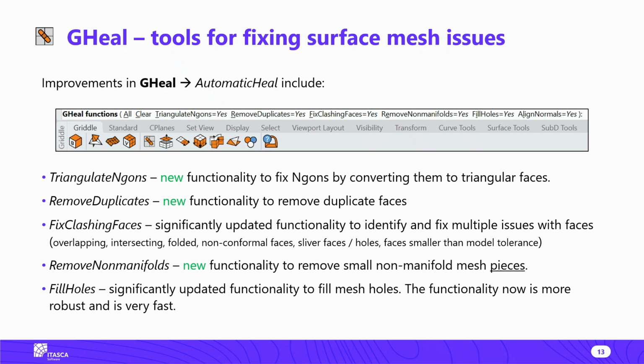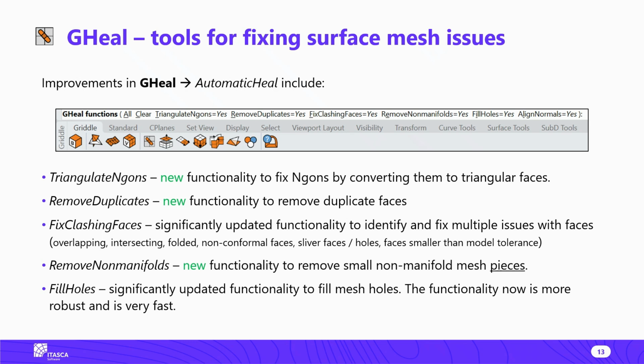Previously, we relied on Rhino functionality for this, which quite often incorrectly reported clashing faces, but now we use a very robust mesh intersection engine and logic to identify nearly intersecting or self-intersecting faces in the meshes, and this allows fixing overlapping, intersecting, folding faces, so-called Z-folds, non-conformal faces, sliver faces and holes, and faces smaller than model tolerance. So we basically significantly broaden the number of issues that can be fixed with this functionality.